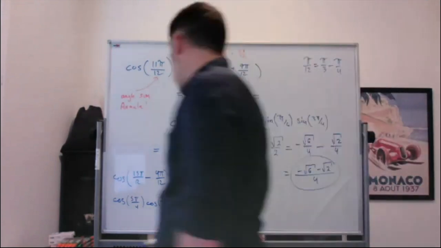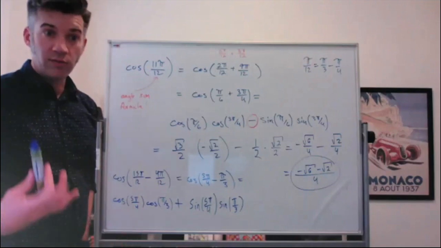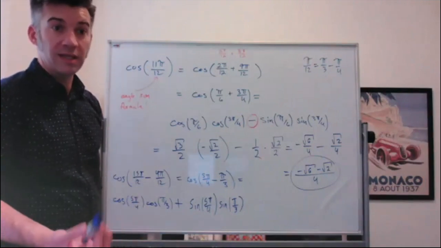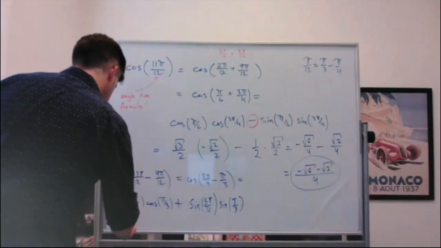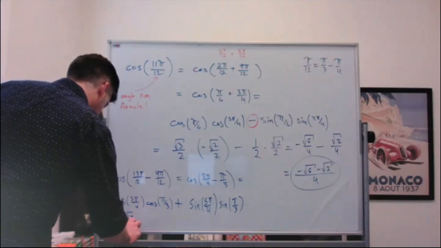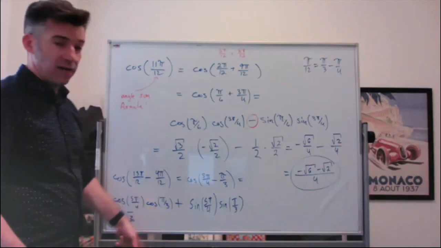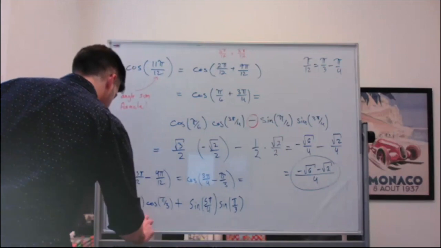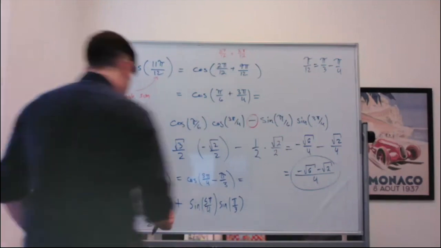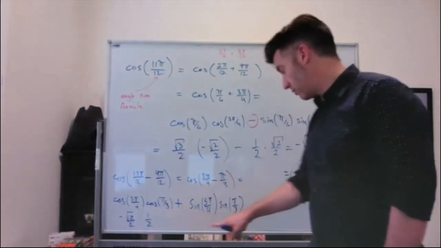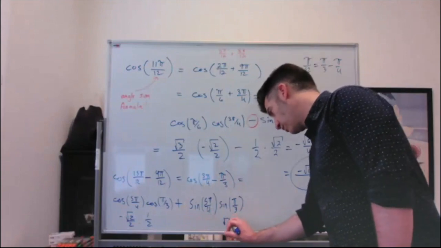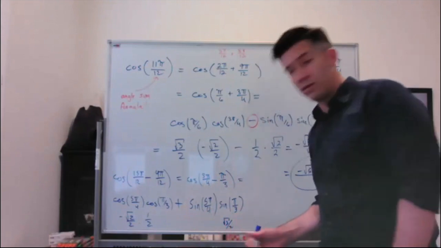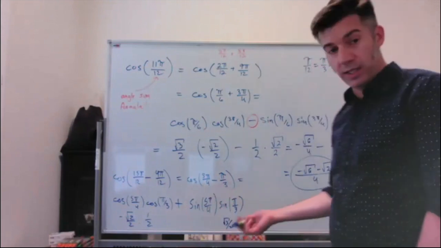Okay. 5 pi over 4 is in quadrant 3. So sine and cosine are both going to be negative √2 over 2. We get a negative √2 over 2 times cosine of pi over 3, which is positive 1/2. And if cosine of pi over 3 is 1/2, then sine of pi over 3 is √3 over 2, right? Those values always go together for cosine and sine.